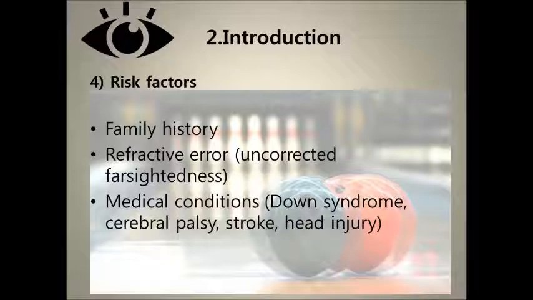Refractive error: people who have a significant amount of uncorrected farsightedness may develop strabismus because of the additional eye focusing they must do to keep objects clear. Medical conditions: people with conditions such as Down syndrome and cerebral palsy, or who have suffered a stroke or head injury, are at a higher risk for developing strabismus.